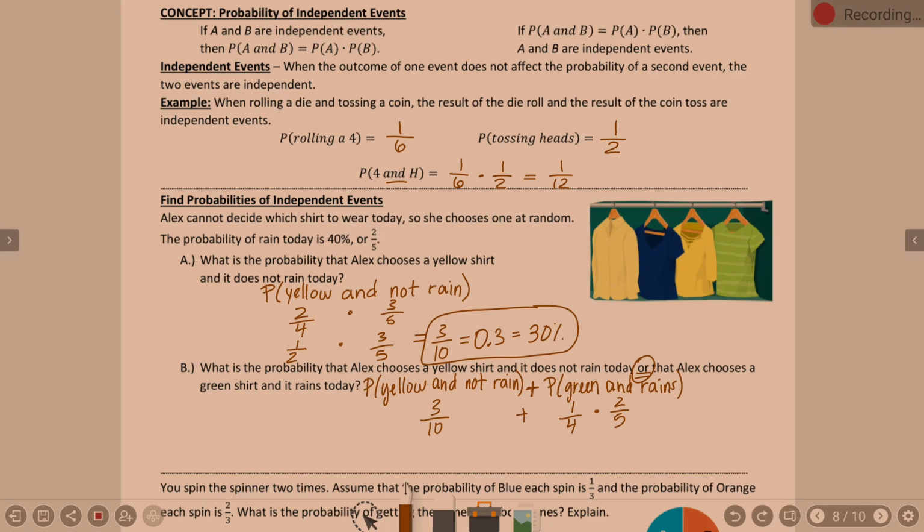What is 1/4 times 2/5? 2/20, which reduces to 1/10. So what are we going to be doing here? 3/10 plus 1/10, which is 4/10, yes?